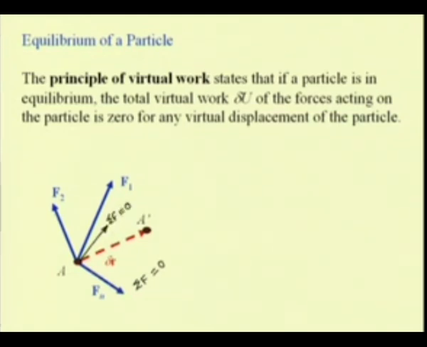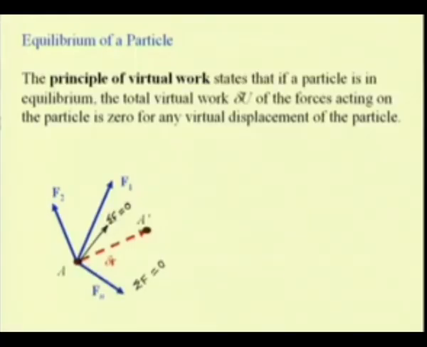So, the dot product of this vector to any virtual displacement vector delta r, it could be of any magnitude in any direction, that is obviously 0, because this vector sigma f is 0. So, any virtual displacement undergone by this particle, the work corresponding to that or the virtual work because of that virtual displacement is 0.